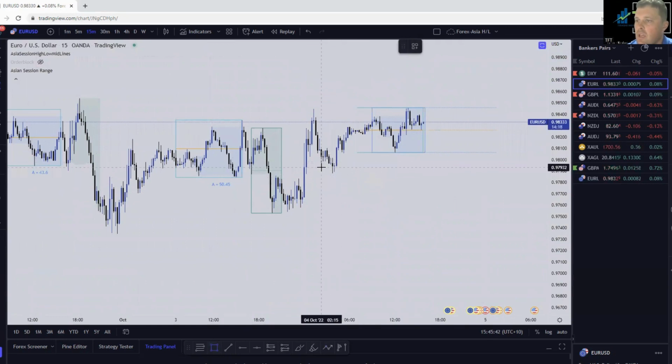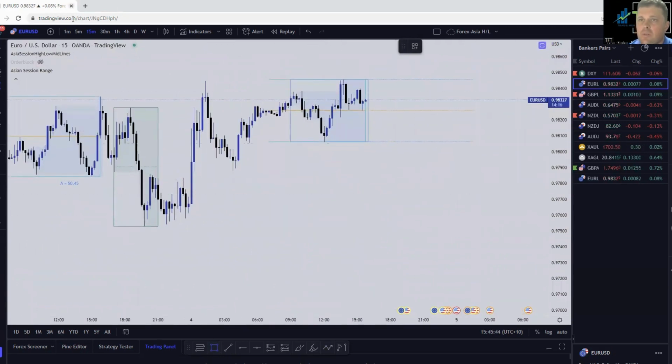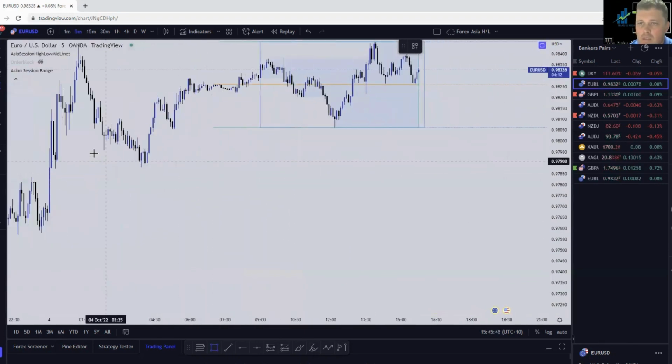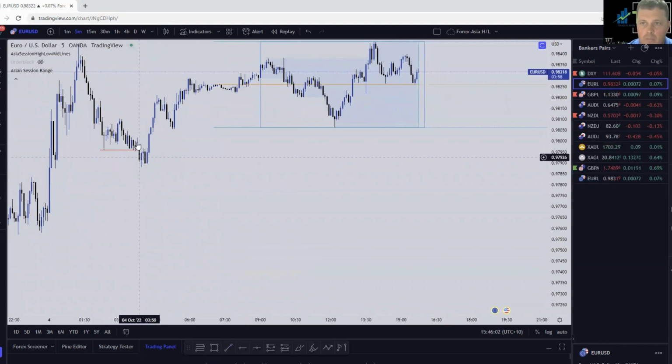We've got this little candle here. If we drop down on the 5-minute time frame here, we can see in this area, we have created a little bit of liquidity, which has then been wicked down.